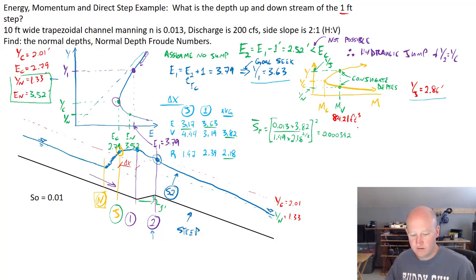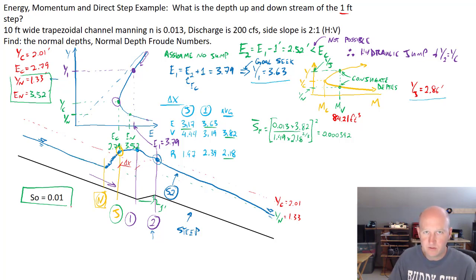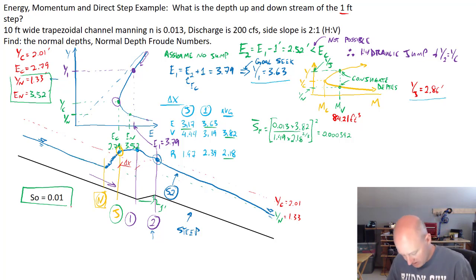So we're going to use that in our delta x calculation, and it had better be less than the bottom slope of the channel because we know that it's subcritical. It should have less friction loss. So let's do the delta x calculation.